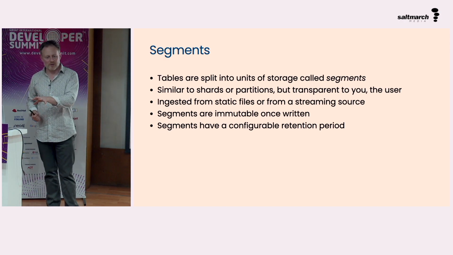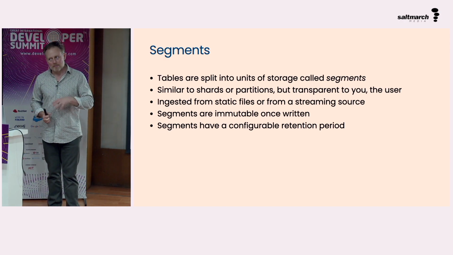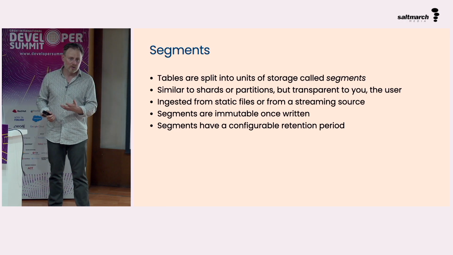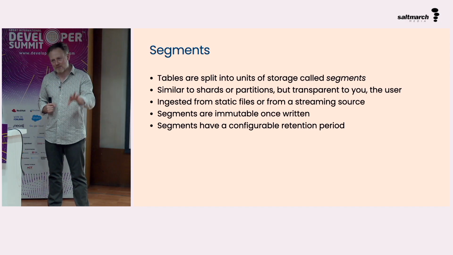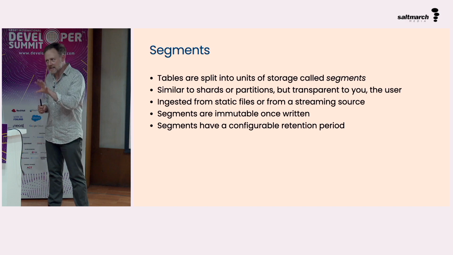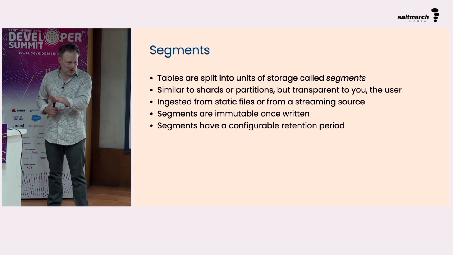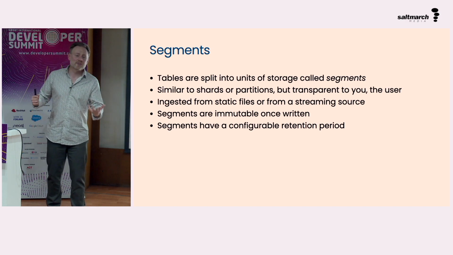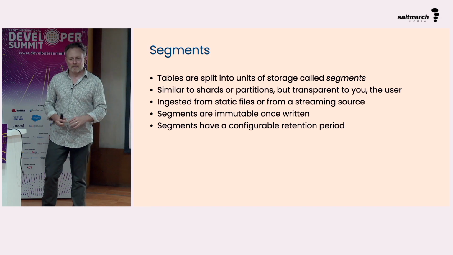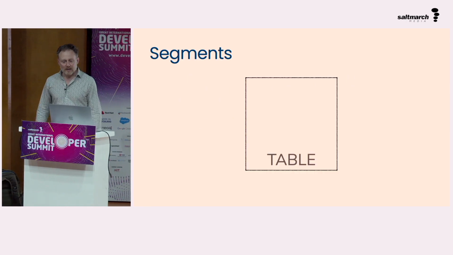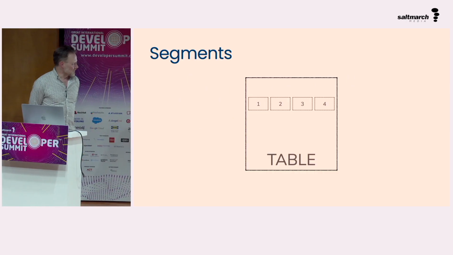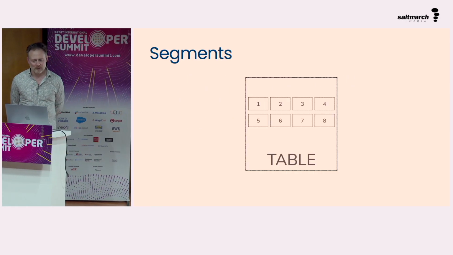I'll point you to a website where you can get more information, but Pinot has support for upserts, which is not exactly unique in the space of real-time analytics databases, but it's got a very clean implementation. Upserts are efficient and work well. So can things change? Of course they can, but fundamentally segments are immutable. Yeah, so visually you have a table. It's made up of segments, and they look like that.